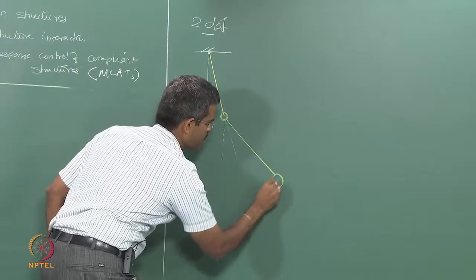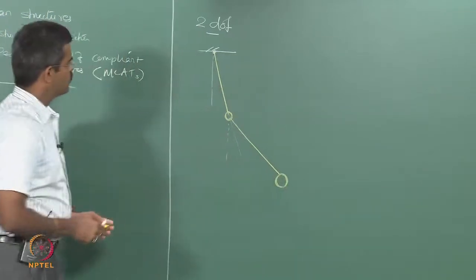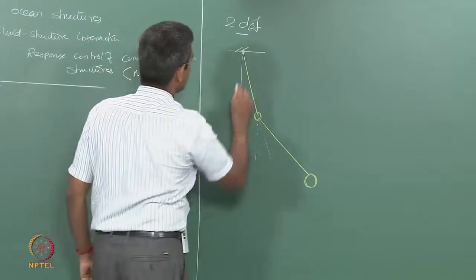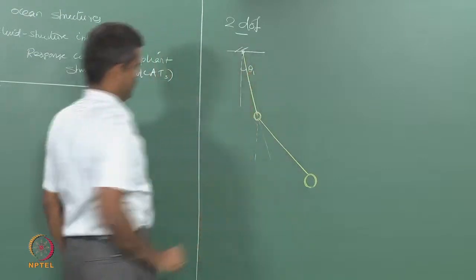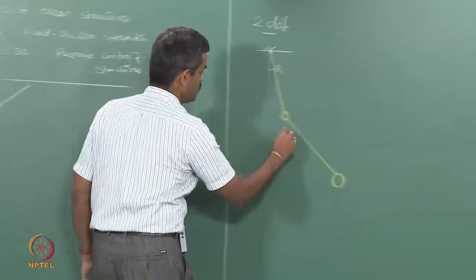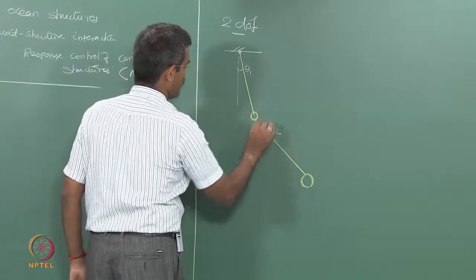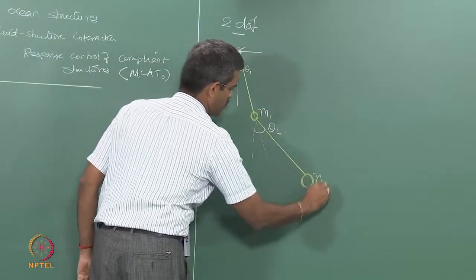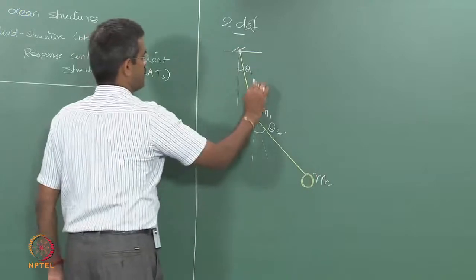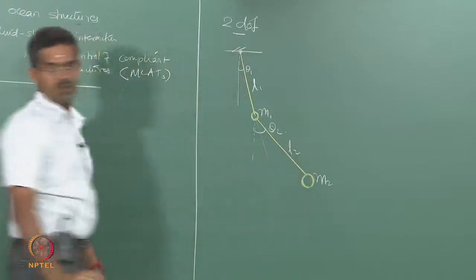So let us call this theta 1 and this theta 2. This is m1 and this is m2, with lengths L1, L2 and so on.